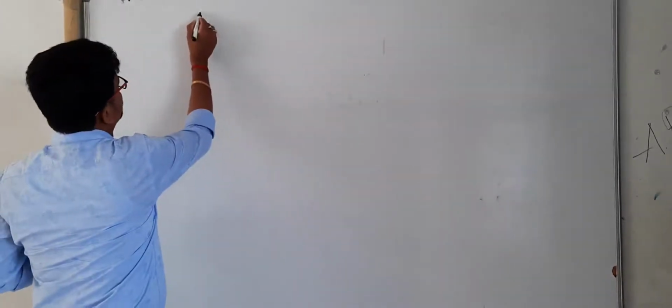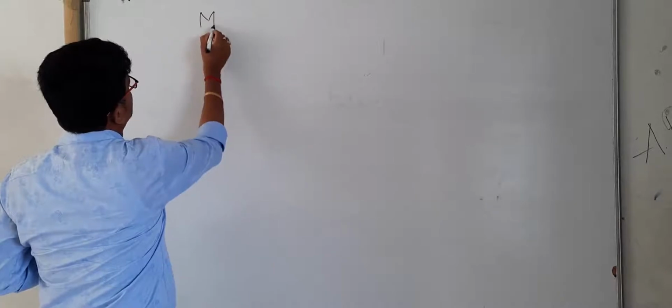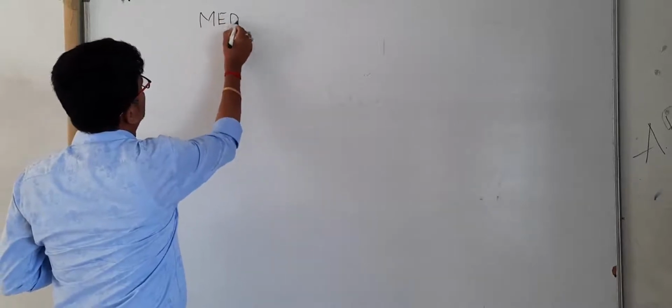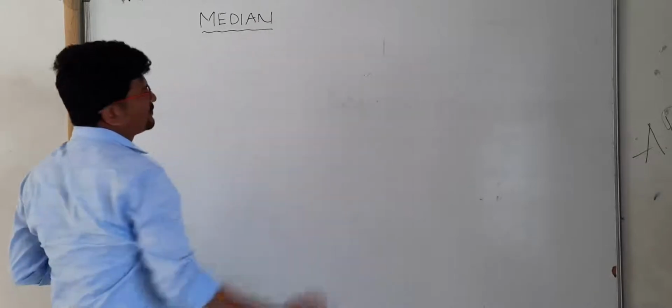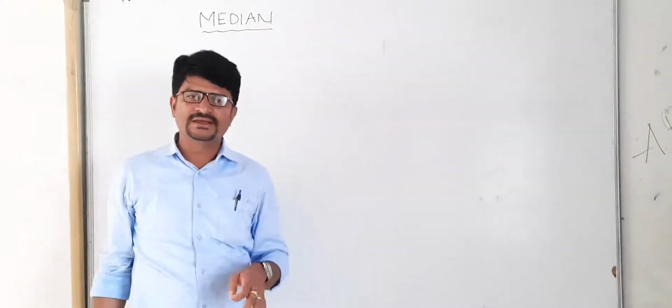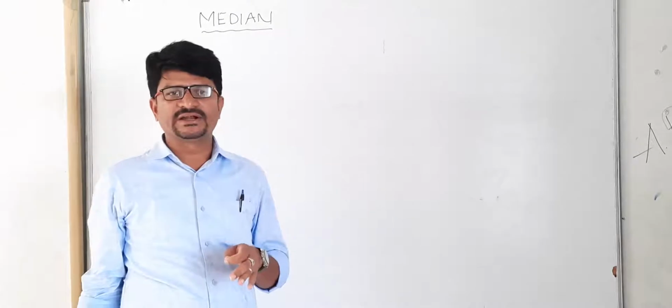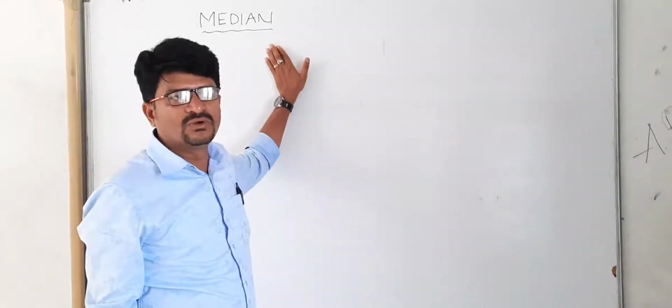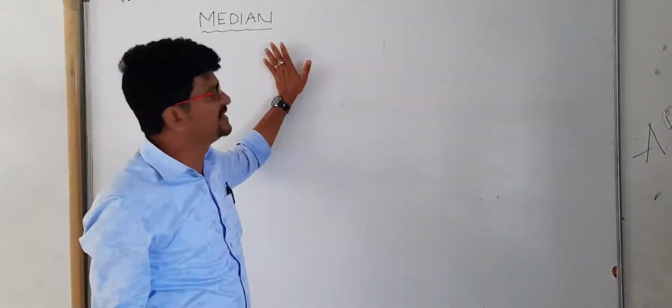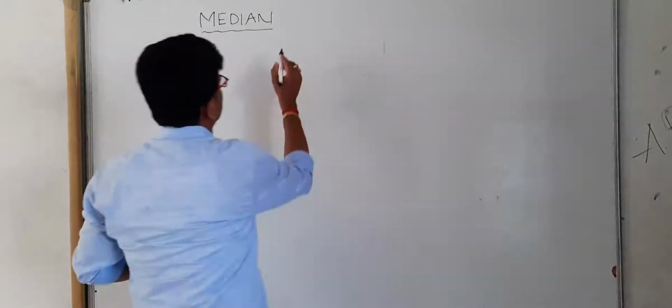Today, as a part of representing values of data, we are going to discuss the median. First we have completed the arithmetic mean, second we have completed the mode, and third representative value of data is the median. What is median?